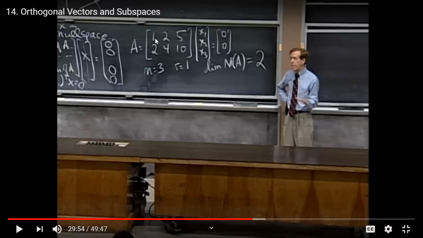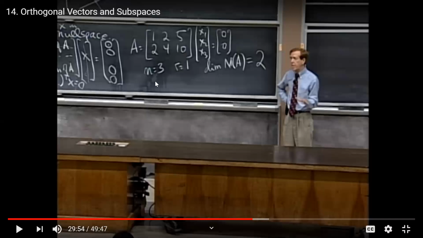If I multiply 2 with the first column, I get the second column. If I multiply 5 with the first column, I get the third. So it means this matrix A has only one independent column and only one independent row. Keep in mind, the rank is the number of independent columns or the number of independent rows. Both should be the same. So in this case, r is 1.